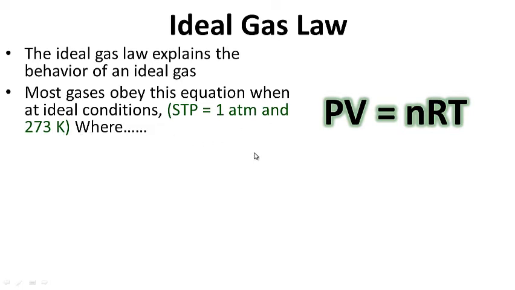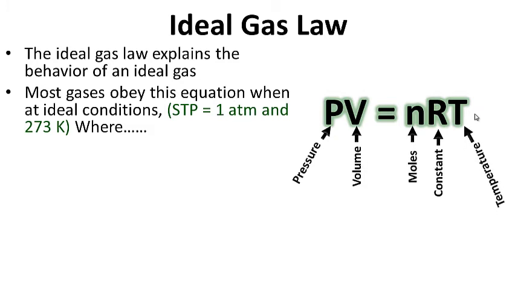The law is PV equals nRT, where P, as you might have guessed, represents pressure, V represents volume, n is the number of moles of a gas, R is a constant, and T represents temperature.